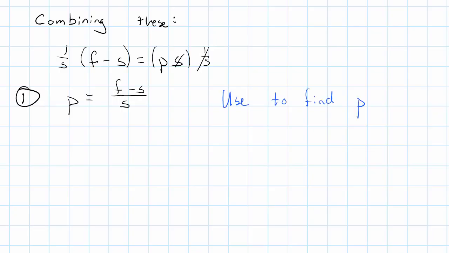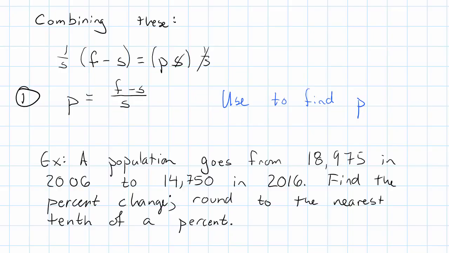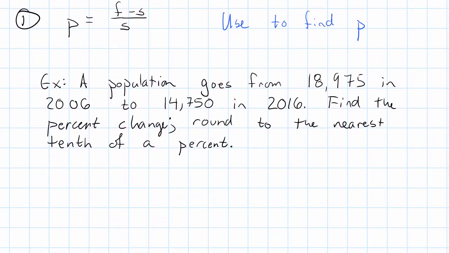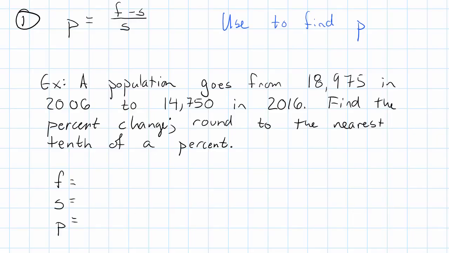So let's see an example of using this formula. Suppose we're told that a population goes from 18,975 in 2006 to 14,750 in 2016. Find the percent change. Round to the nearest tenth of a percent. So, the final population is 14,750.